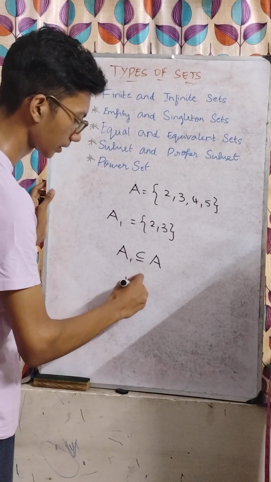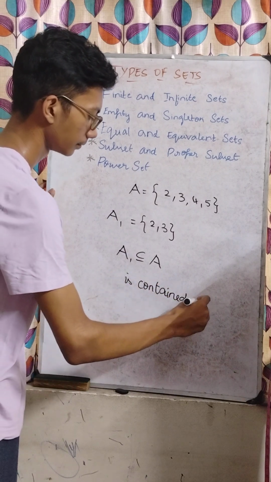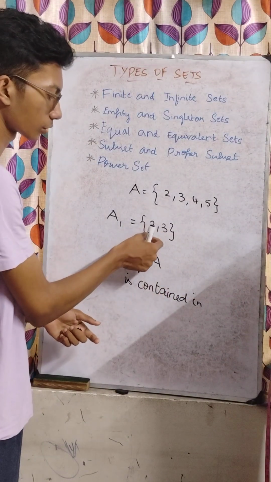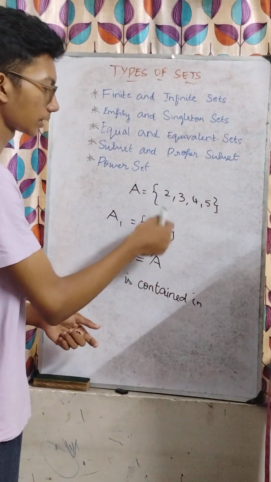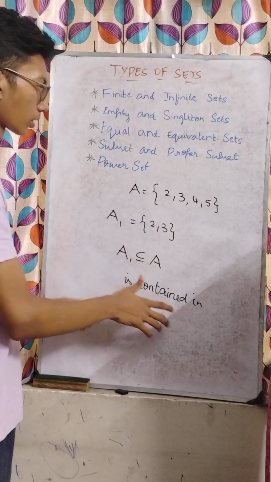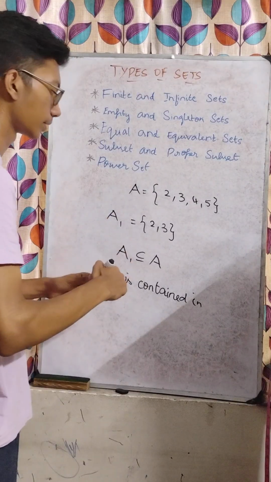So this is called is contained in. A1 is contained in A, which means A1, that is 2 and 3, is contained in A, that is in this set. So this is called a subset. We can have many subsets for this.